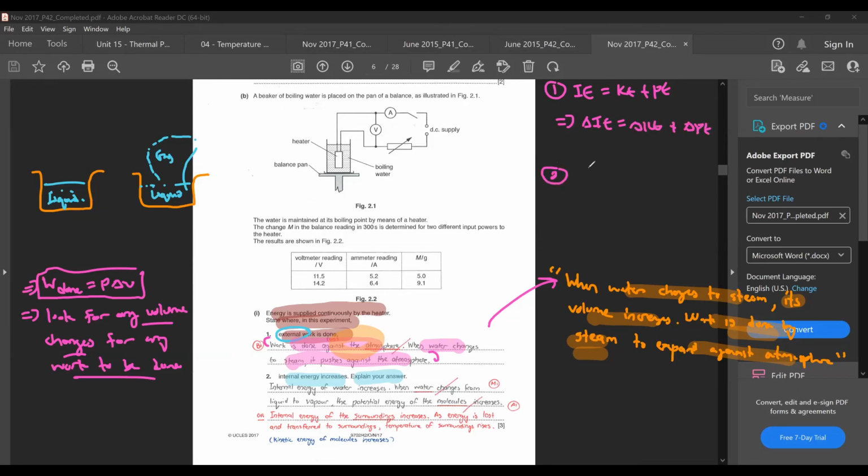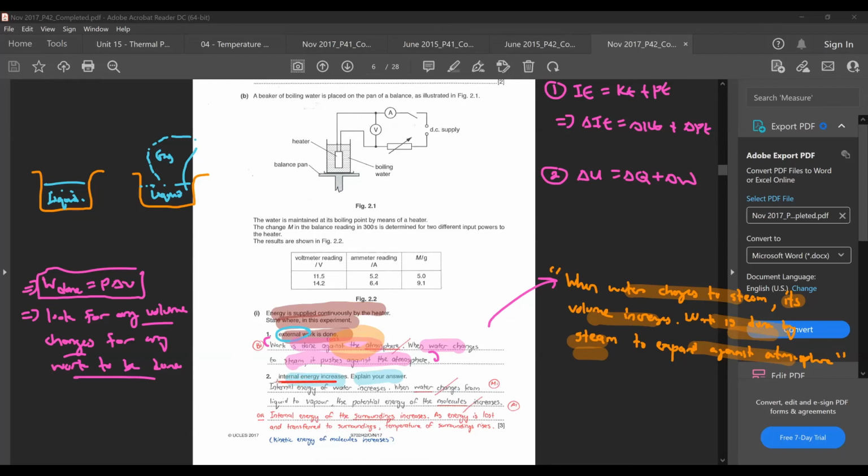And the other one is from the thermodynamic first law, where delta U is delta Q plus delta W. So you can find changes in internal energy in these two different ways.